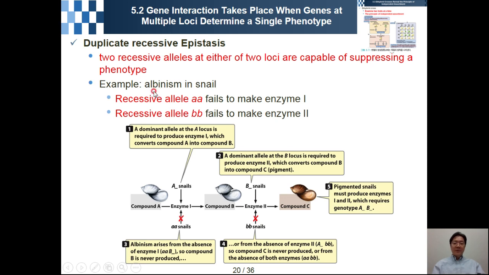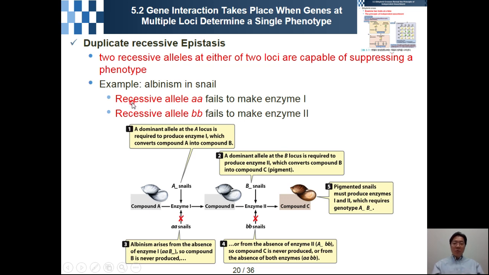The very famous example is albinism in snails. For example, the small a is located on chromosome 1, and B is located on chromosome 2. They will follow the principle of independent assortment.